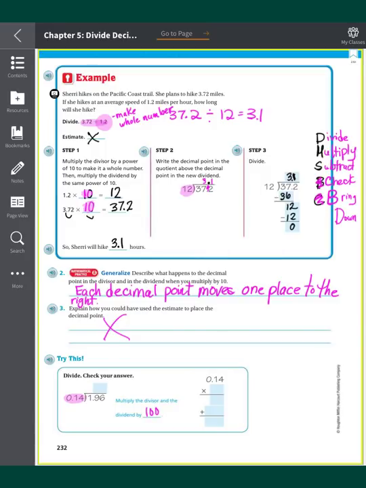Okay, so then if I multiply it by 100, I'm going to get 14. And then 1.96 times 100 will be 196.